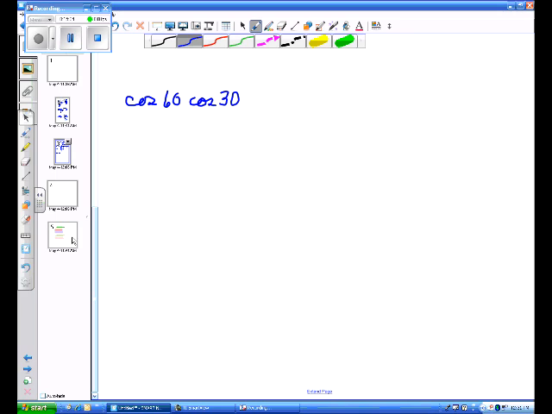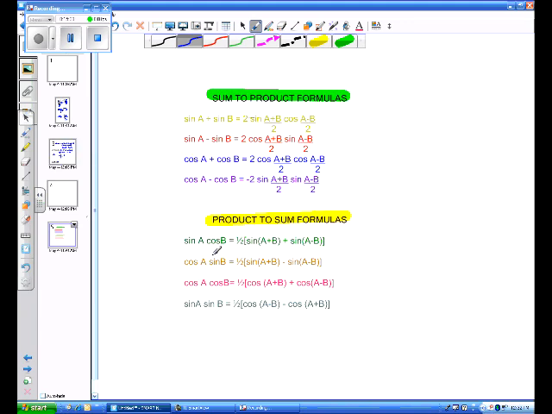But we're practicing going from a product to a sum. So even though we can evaluate it fairly easily, we're going to use our product to a sum. So we want a cosine times a cosine. So this is the one that we would be using.